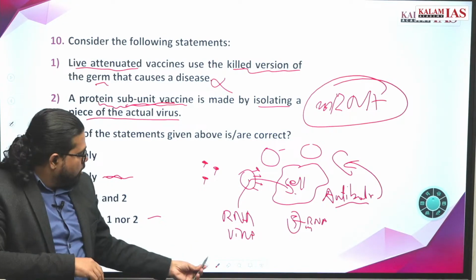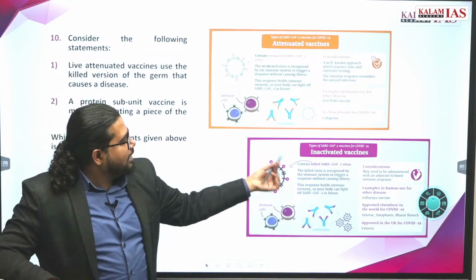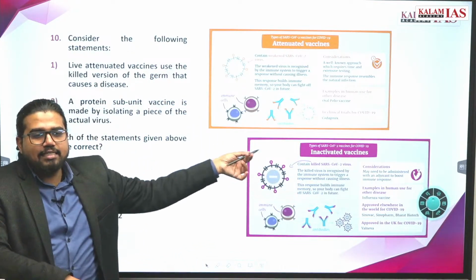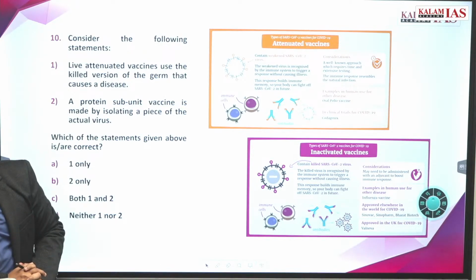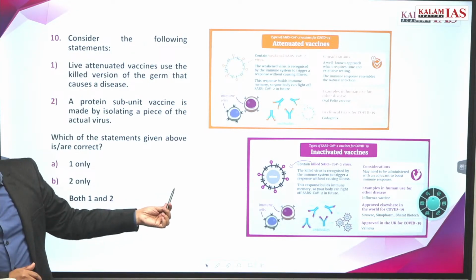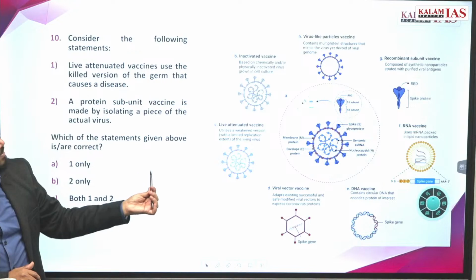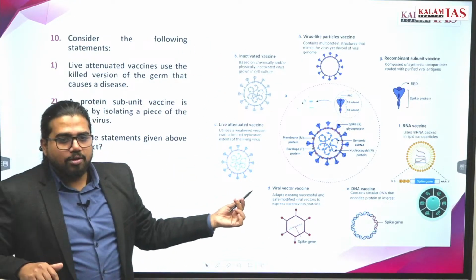So these are details about the attenuated vaccine and the inactivated vaccine, that is, killed virus type vaccines. These are the different types of vaccine which we have discussed right now.